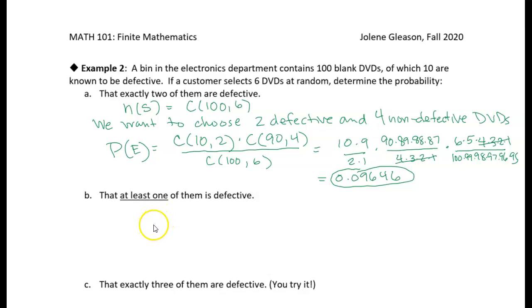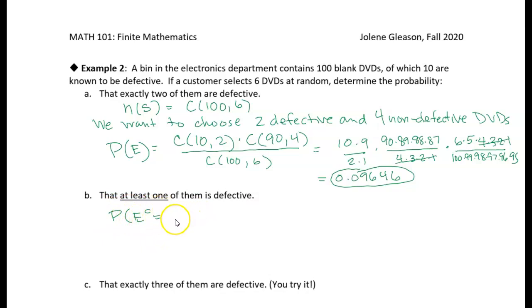The key thing to recognize here is that the opposite of what we want is no defective DVDs. Okay? And then we can use complementary counting to determine this probability. So the easy way to do it is to first calculate the probability of the complement of what you want.